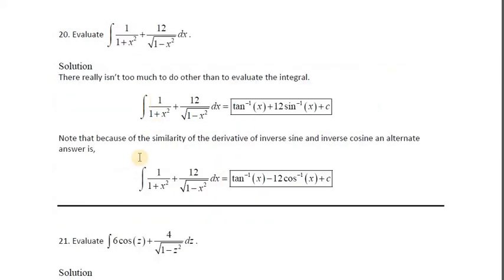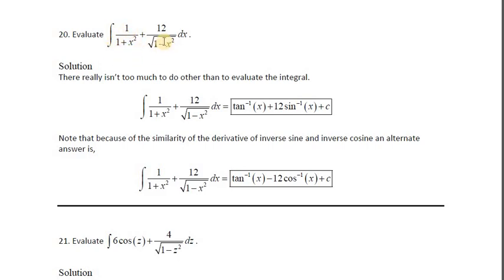So next another example, formula based example. So integration of 1 by 1 plus x square plus 12 by root over 1 minus x square dx. So integration of 1 by 1 plus x square, it's a standard form, that is formula, integration of this, you know, it's tan inverse x.